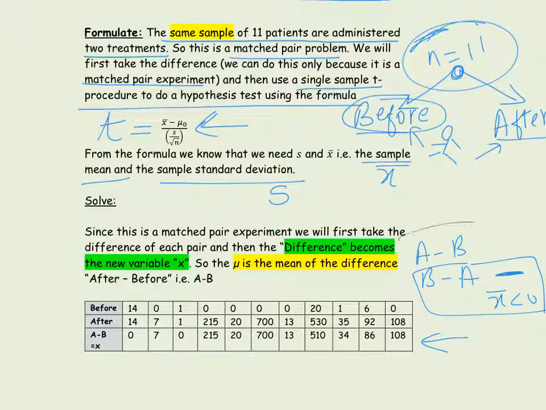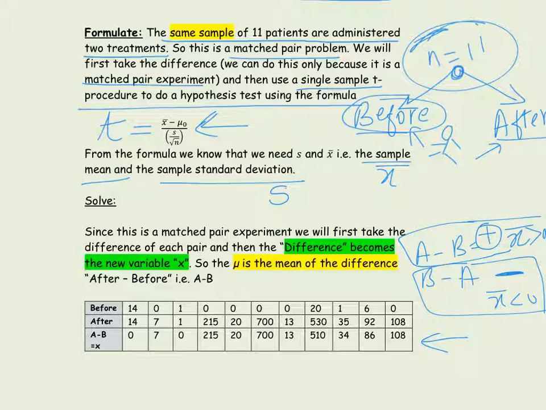But if you go a minus b, then you get mostly positive numbers since the treatment is working based on the numbers that we see. So we look at all positive numbers, or mostly positive, and when you take the average of those numbers, that's going to be positive as well, greater than 0.